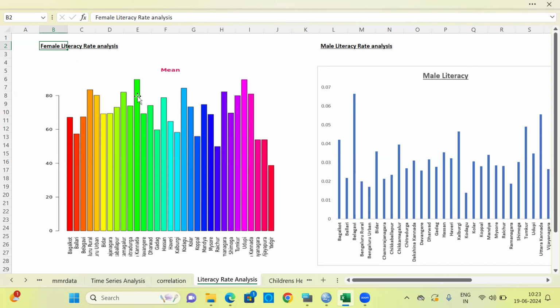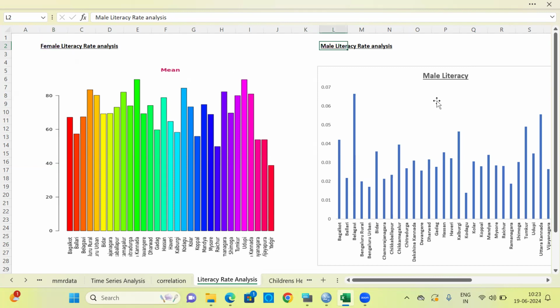And here you can see a very tall green color bar, which is Dakshina Kannada. So what is the inference that we can draw from this graph? Dakshina Kannada and Udupi are doing well because they have more than 80% female literacy rate. However, there are districts like Raichur and Yadgir wherein the female literacy rate is low.